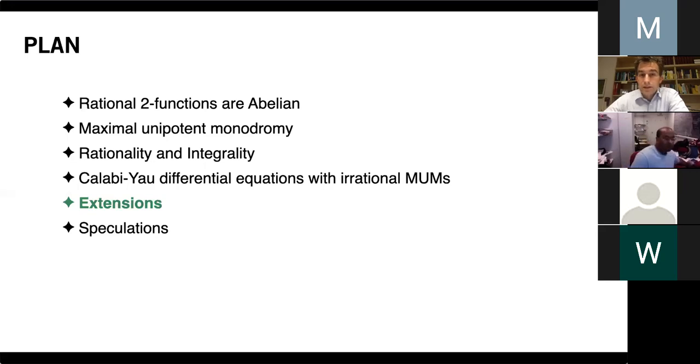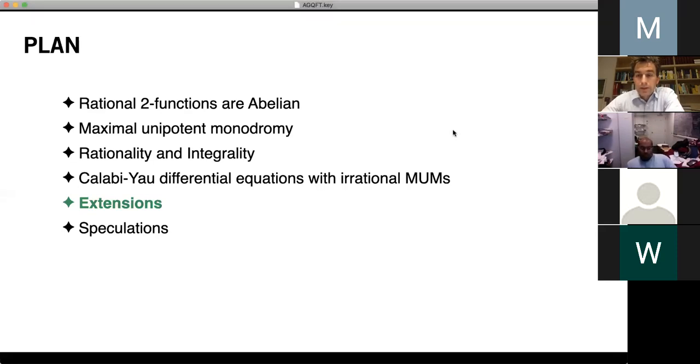So you have these rational 2 functions that are abelian, so you don't have a basis of rational 2 functions, and there exist at least differential equations. And presumably you can study Calabi-Yaus associated with that have irrational MUMs, and then you can ask what is the mirror interpretation, which is yet to be done.